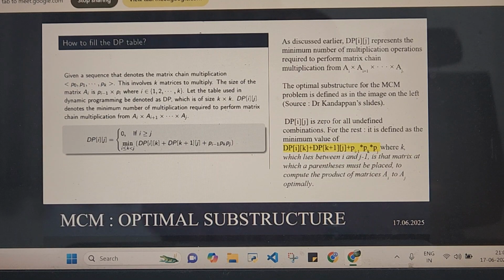And then for whichever K this value happens to be minimum, we'll choose that K and that specific value and put it in the table, because this is a minimization problem. And that means when I split the matrices AI up to AJ at K, and I do I to K as one part, K plus 1 to J as another part, and then I multiply both, that is when I get the optimal multiplication of these matrices I to J. That is what this optimal substructure means.